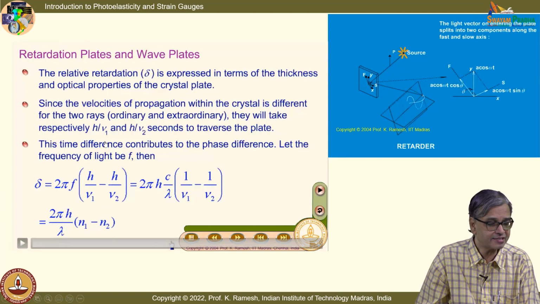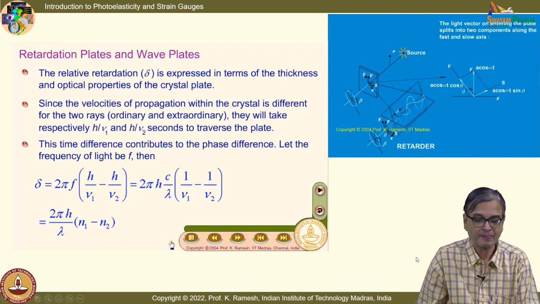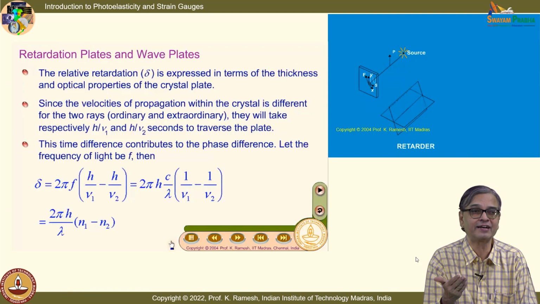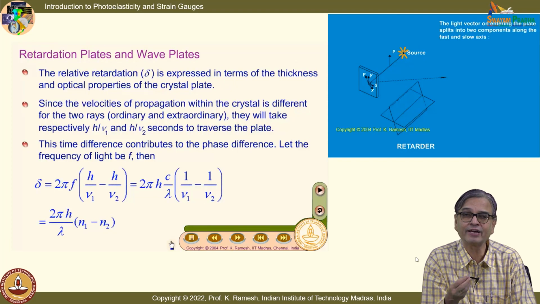Over the same distance, each of these rays travels with velocity v1 and velocity v2. The distance is the same, but their velocities are different. See, this is God's gift to humanity, and humans determined this around 1816 or so. It took about 80 to 90 years to develop.